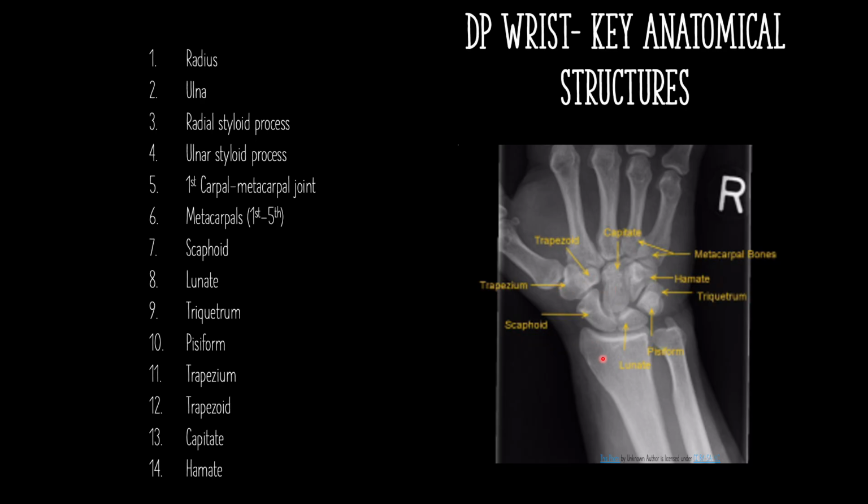We've got then our radius and our distal radius, then our ulna and our distal ulna. We've got our ulnar styloid process, our radial styloid process, our first carpometacarpal joint, and our first metacarpal, second metacarpal, third, fourth, and fifth. So it's very important to know all this basic anatomy of the wrist to perform imaging of it.